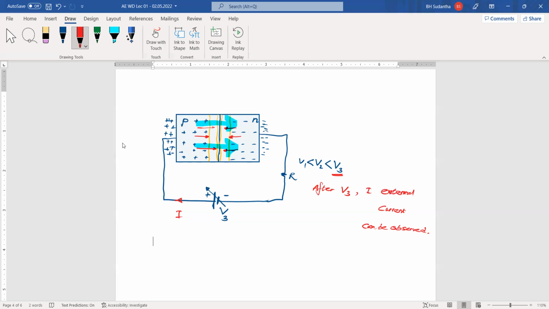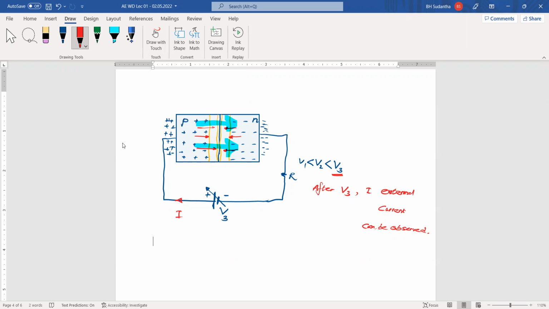Is it okay, did you understand this? I am saying this one as external current because this battery we have connected external to the PN junction. Because inside the PN junction, certain carriers are going across the border.